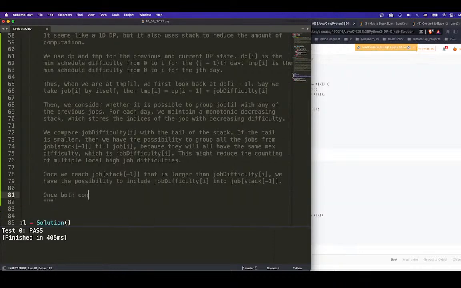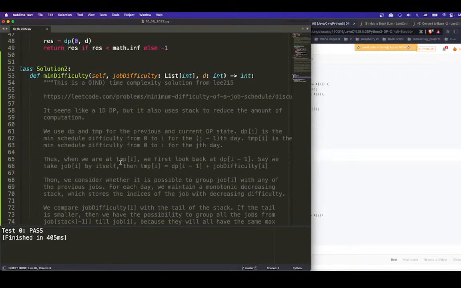Once both conditions are considered, we will have arrived at the minimum schedule difficulty for the current day at job I.